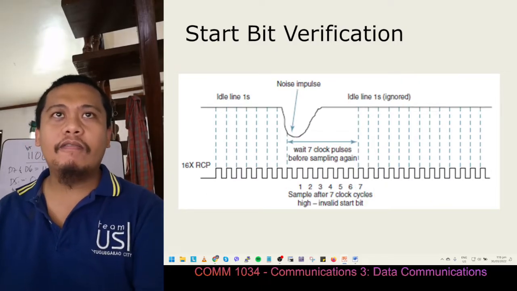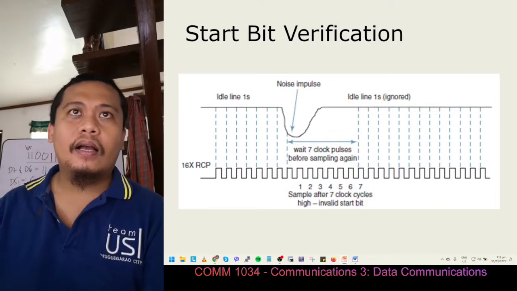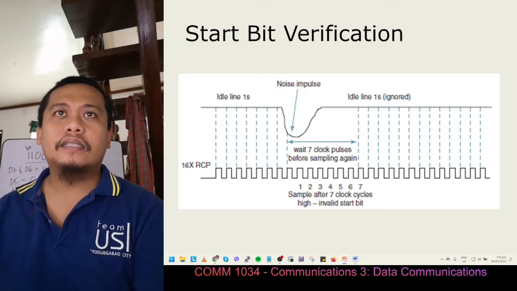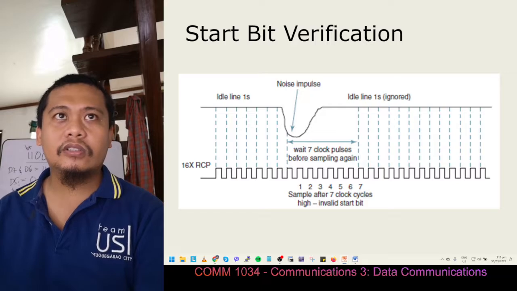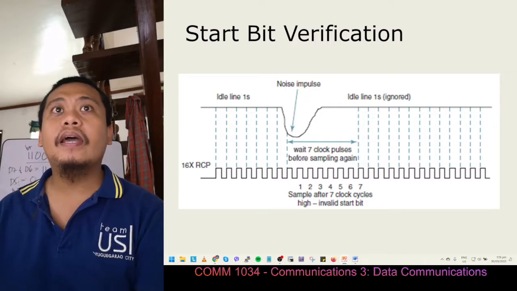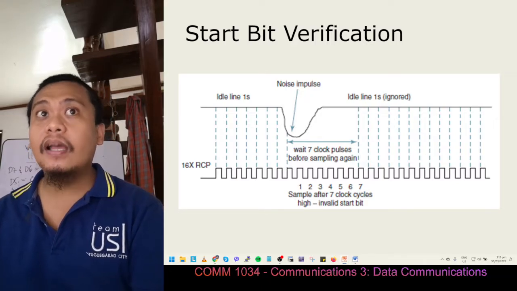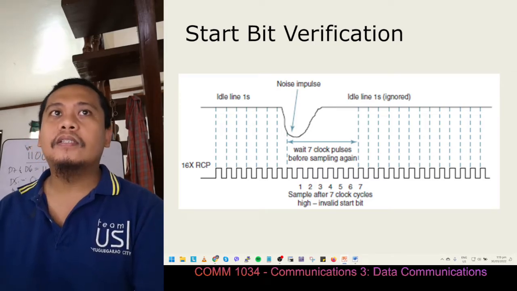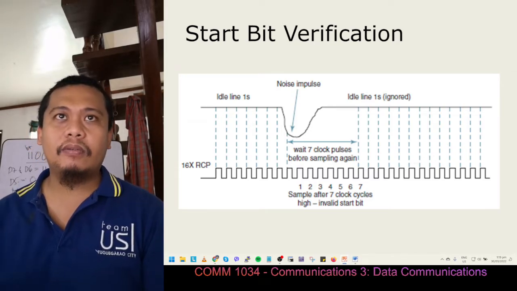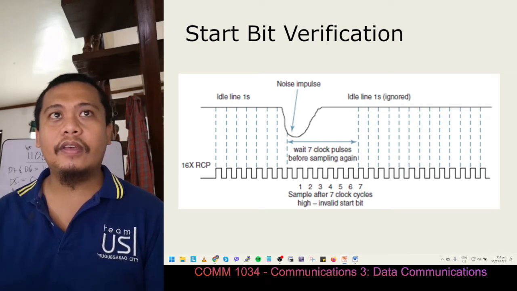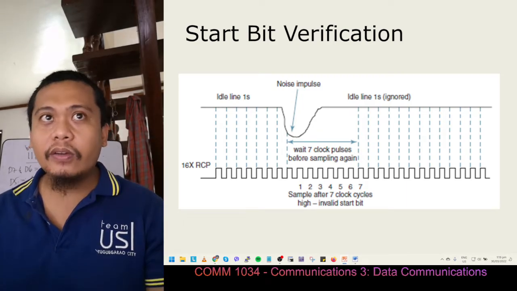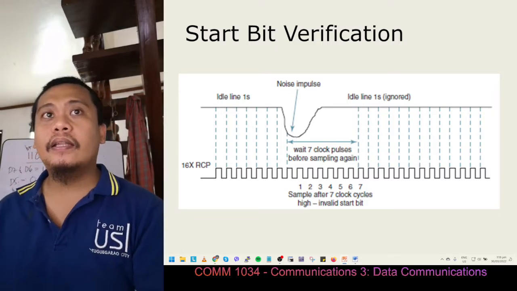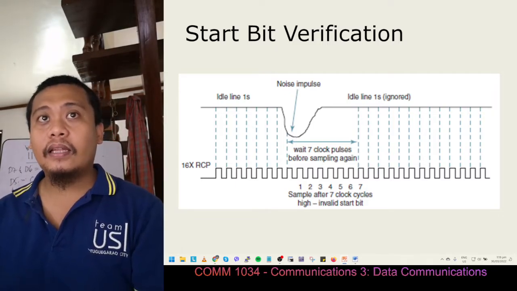The likelihood of misinterpreting noise hits as start bits can be reduced substantially by clocking the UART receiver at a rate higher than the incoming data. The figure shows the same situation as shown in the previous figure, except the received clock pulse is 16 times higher than the received serial data input.